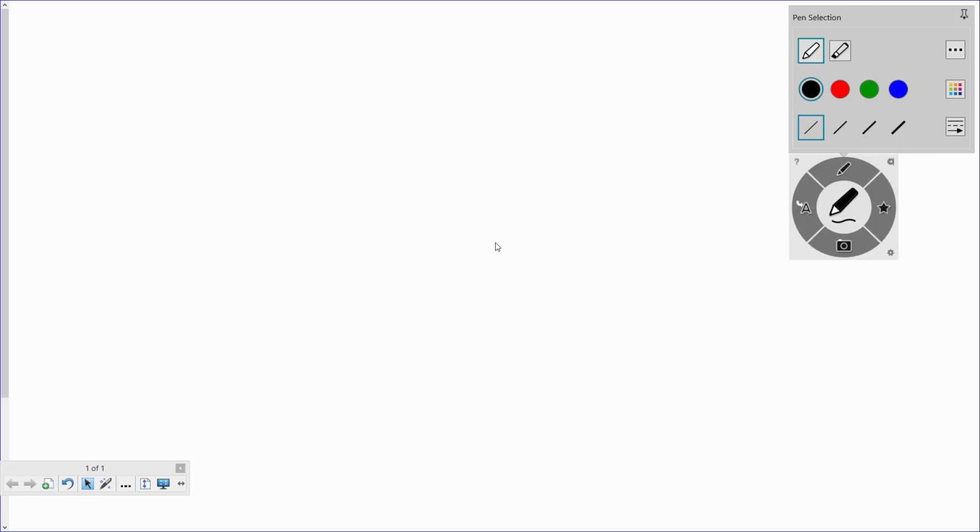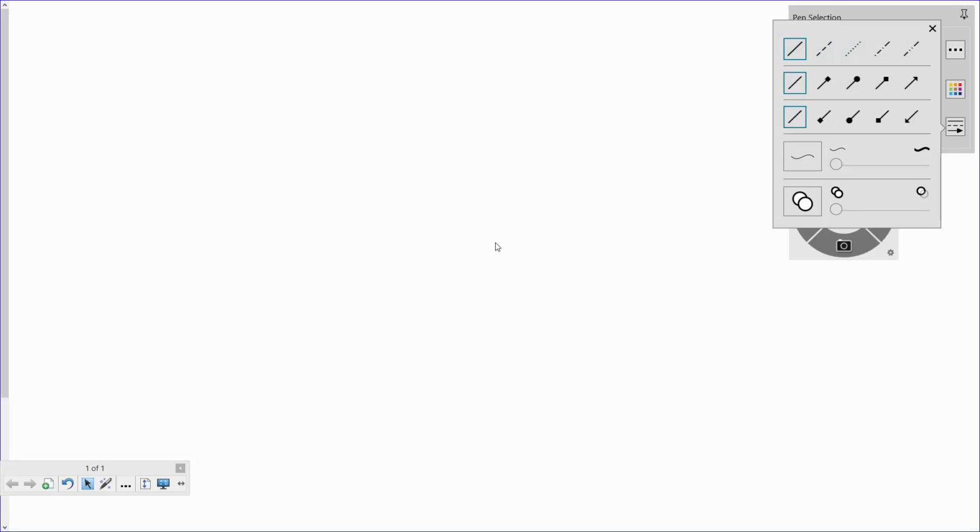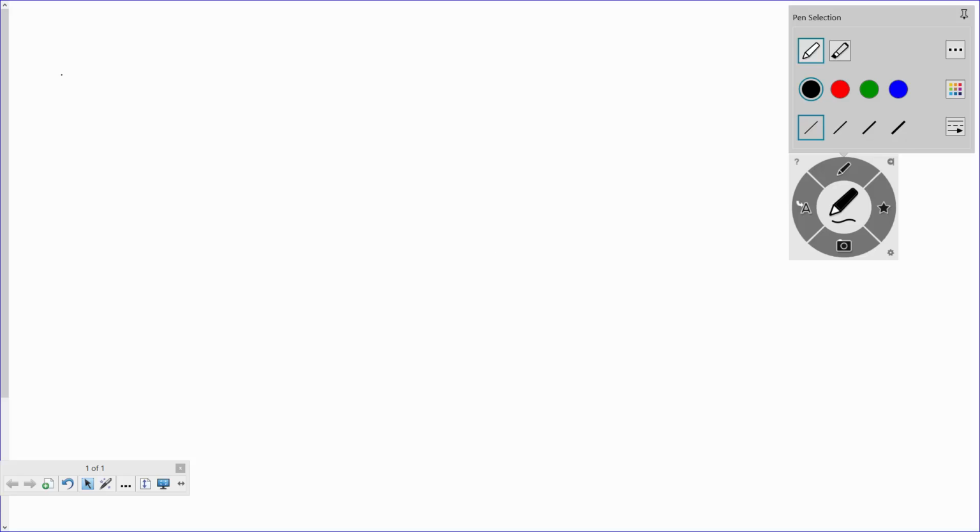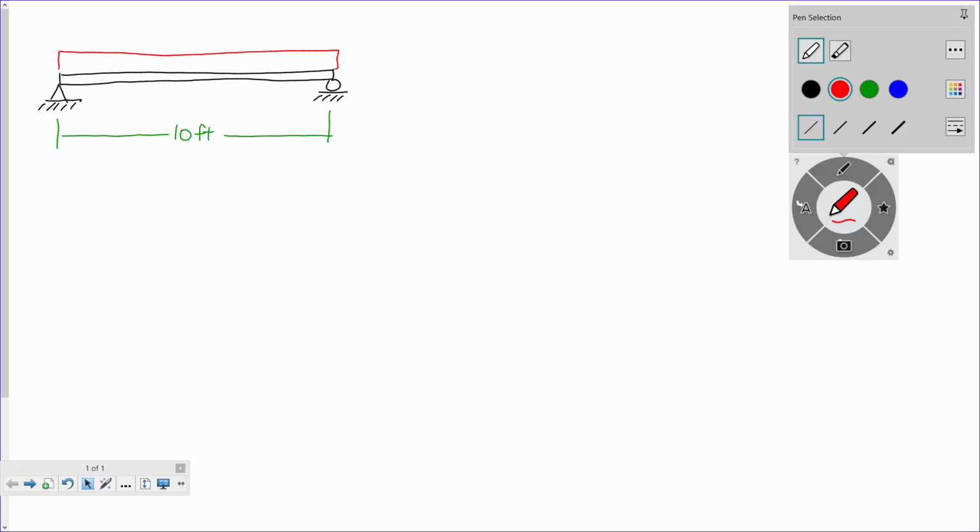So here's the beam. And that beam is 10 foot long, and it is being subjected to a uniformly distributed dead load of 5 pounds per foot.